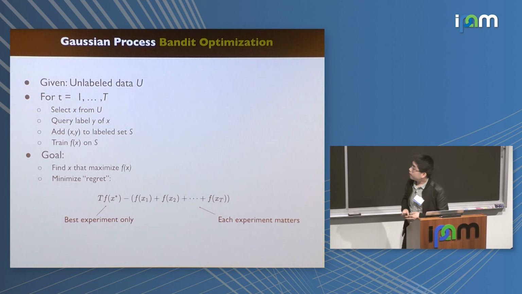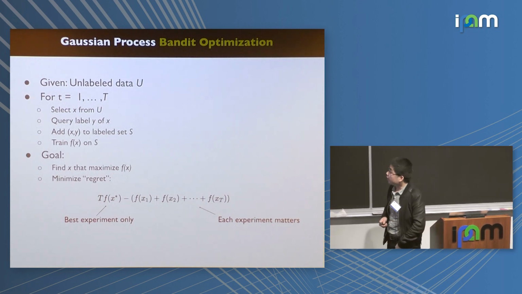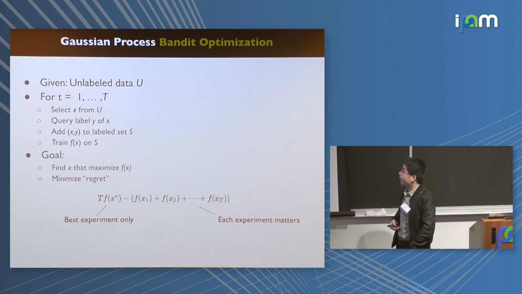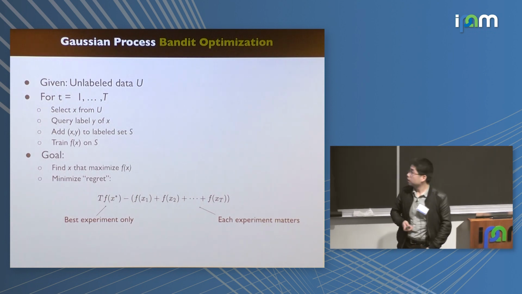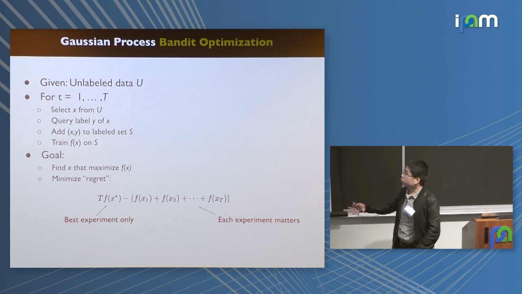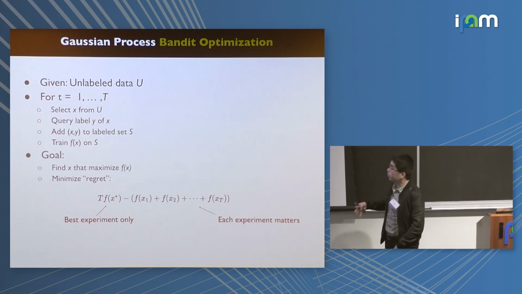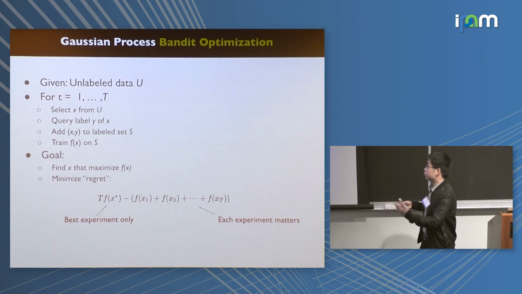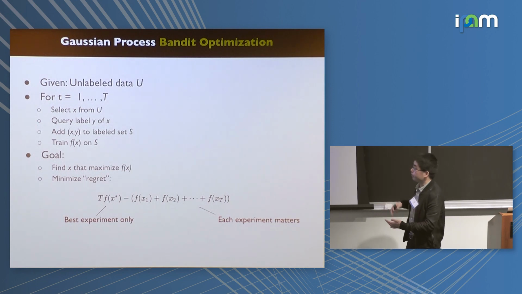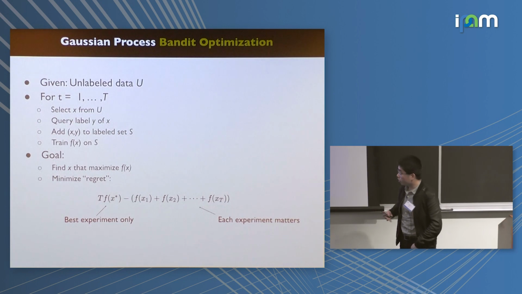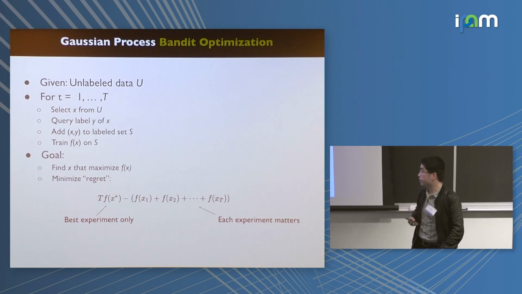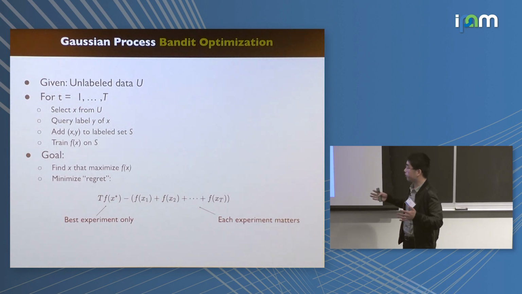We're given a set of unlabeled data points U, and we proceed iteratively. For every iteration timestamp t, we select one data point from the unlabeled data set, we query the label, we add the label into the training set, and we train the function f by computing the posterior. Our goal is to find the function maximizer by running through the minimum number of examples.